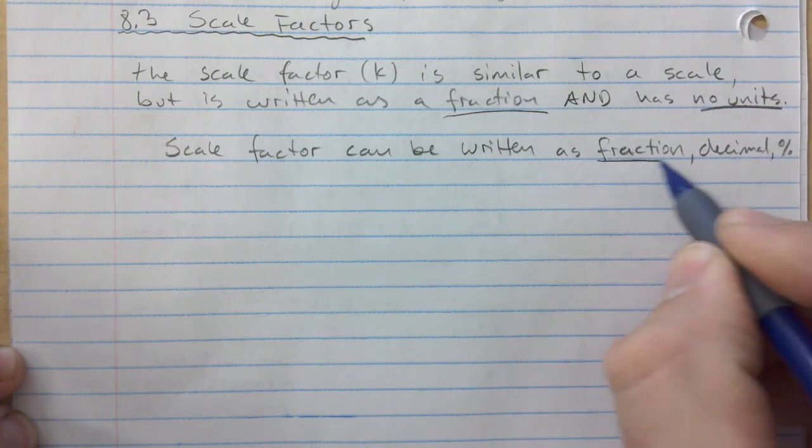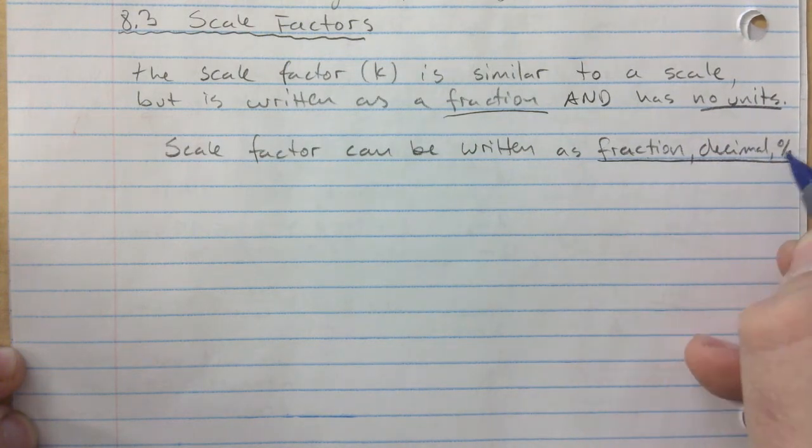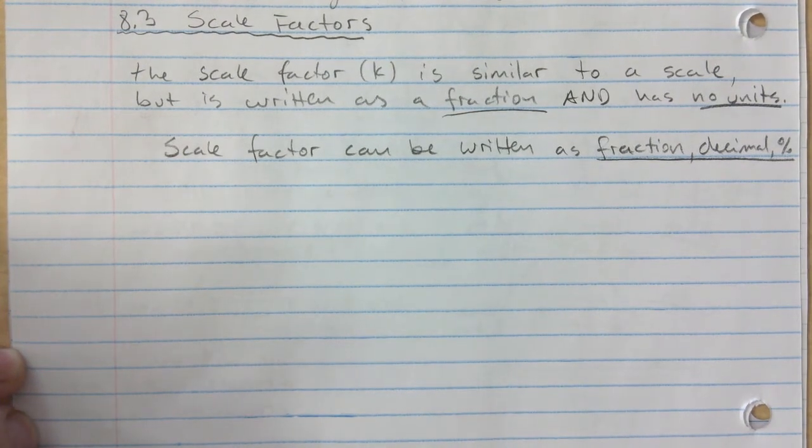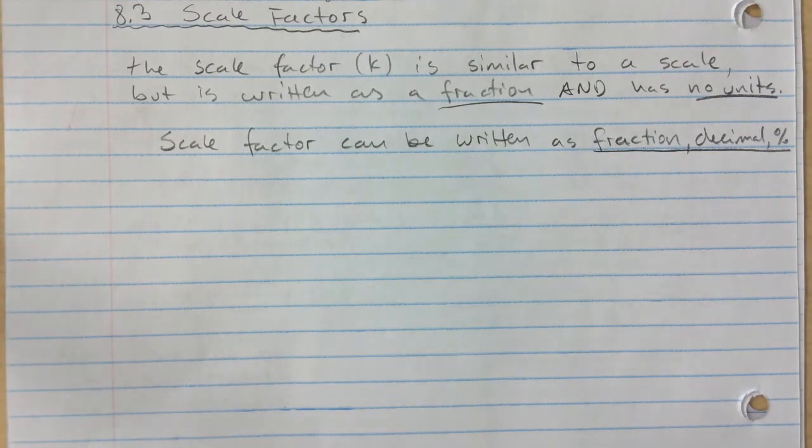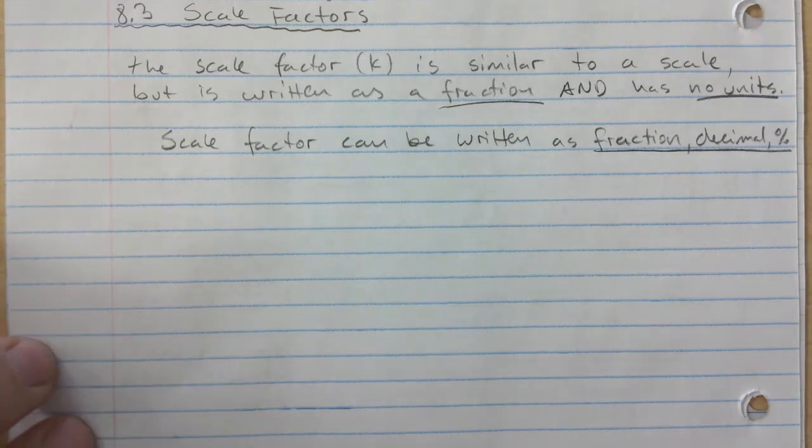Okay, so obviously we know that we can convert in between, okay? But normally we like to write it as a fraction. It doesn't have to be. It can be in one of these three formats. But it is not written as a ratio, where you have number, dot, dot, another number. You don't write it like that.